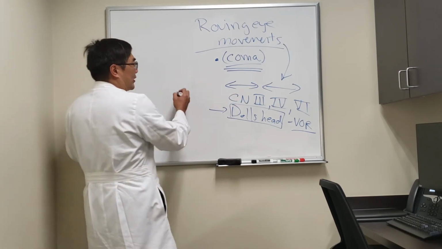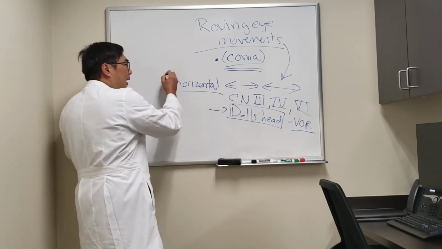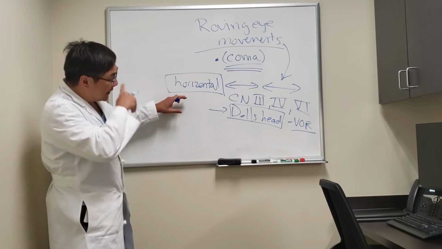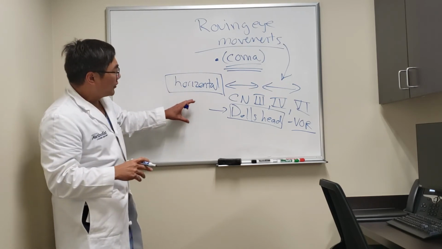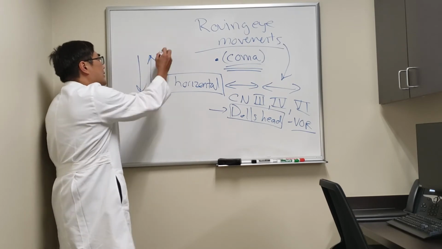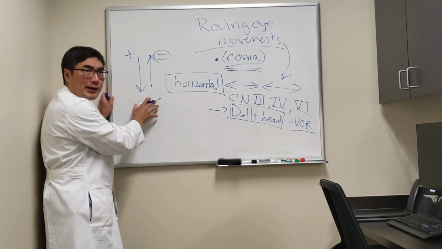The second part of the question was, why is it horizontal? And that is a more interesting question. It probably could theoretically be vertical. However, the horizontal nature of the eye movement is because we have both stimulatory and inhibitory signals coming from the brainstem.